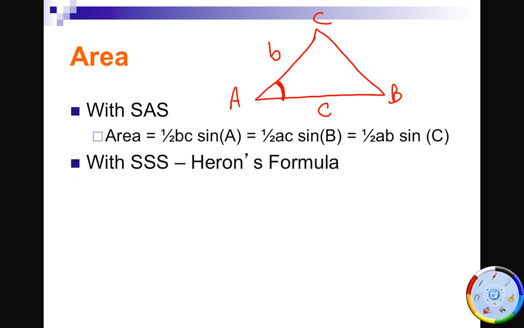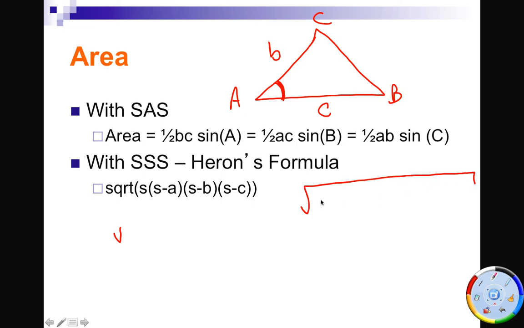And what's really cool is you can actually find the area of a triangle if you're only given side, side, side, and that doesn't require any trigonometry. And it's called Heron's formula, named after somebody in ancient times. And what it is, I'm going to write this a little bit differently. Let's write it over here.